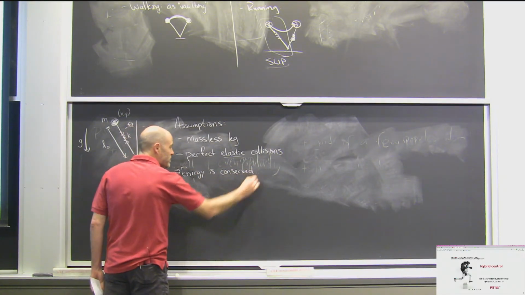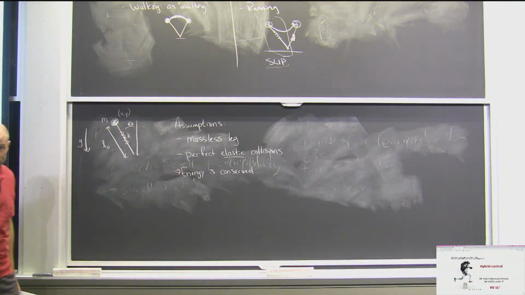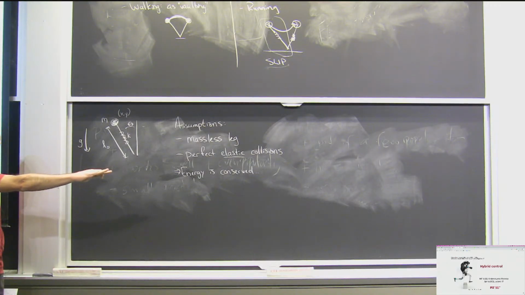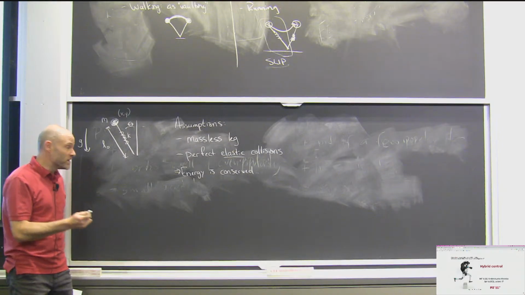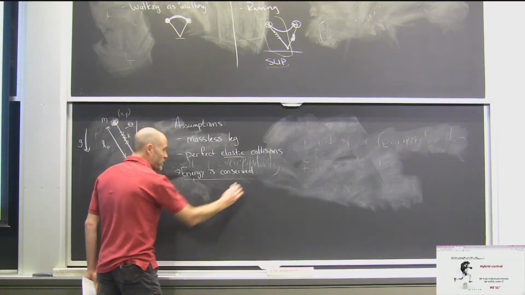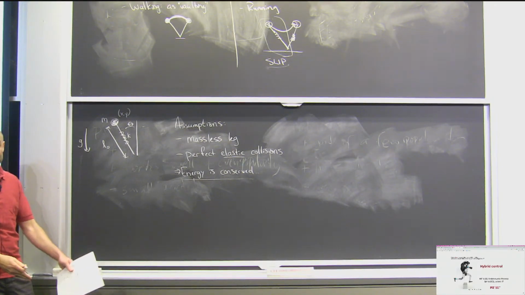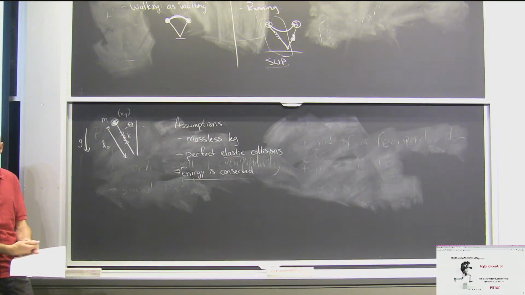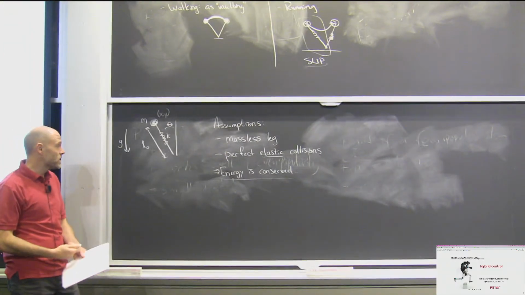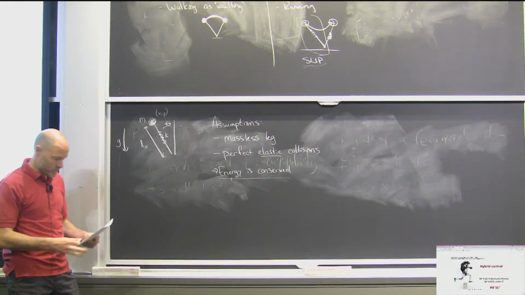There are no energetic losses in this system. As such, it's going to be able to run on flat ground, okay? And you should be immediately suspicious about whether it could possibly be a stable run if energy is conserved. Normally, we actually relied on the dissipation of contact in order to stabilize the limit cycle before. This time, energy is conserved, okay?